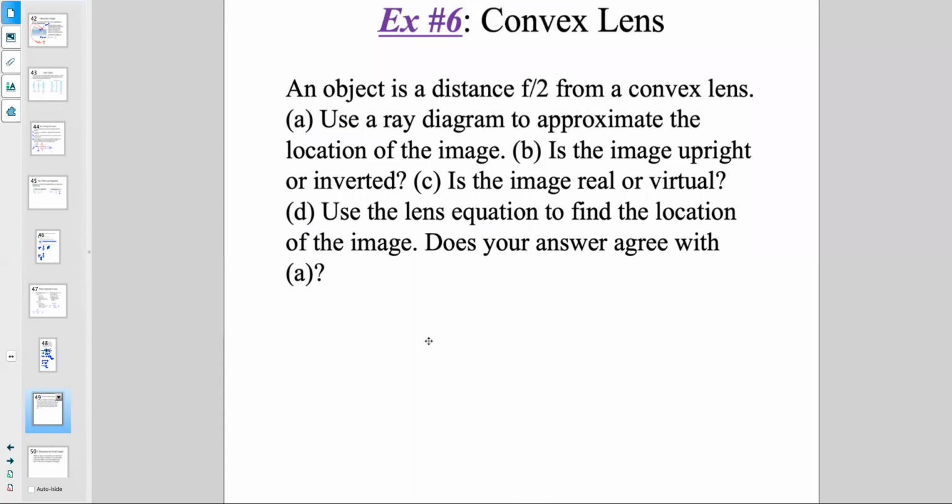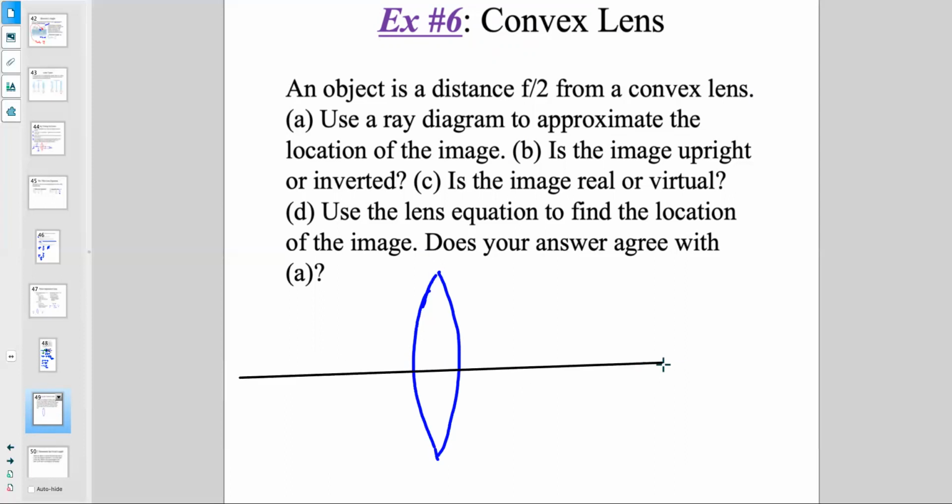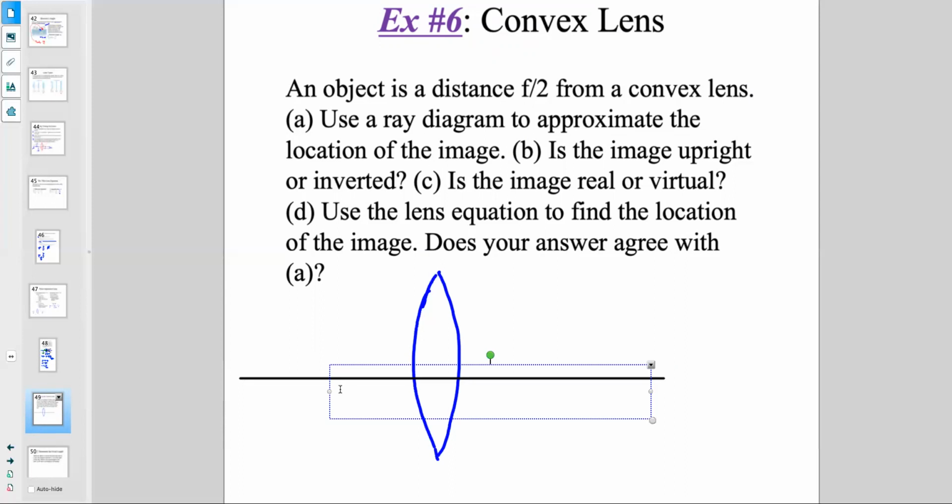We have a convex lens. These are converging the lights. They are not diverging yet, okay? So what I have here is that. Awesome. And then what else do we have? We have the F, which is right here.